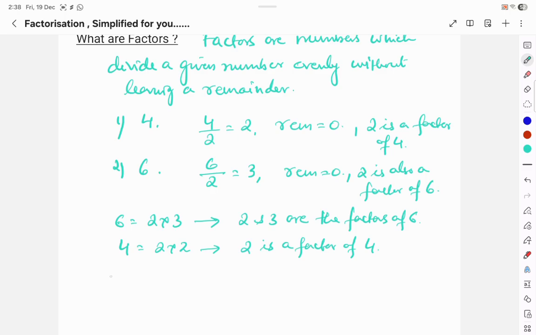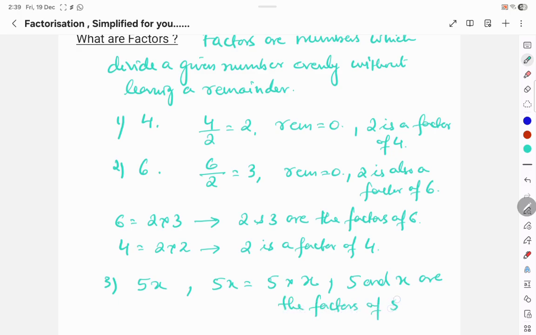Now suppose we take a number like 5x. So now 5x can be written as 5 multiplied by x. So again we can say 5 and x are the factors of 5x.